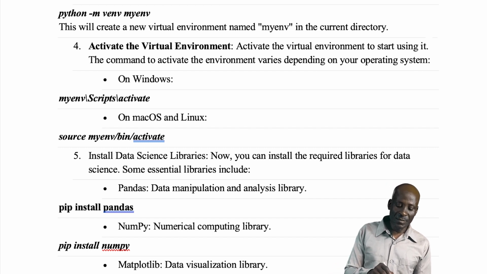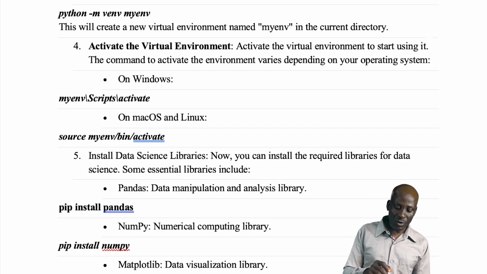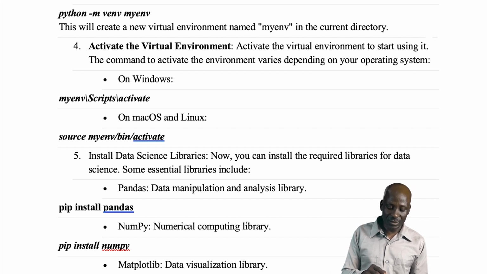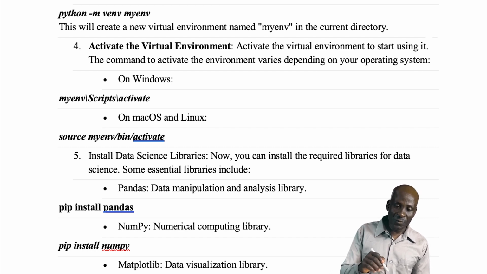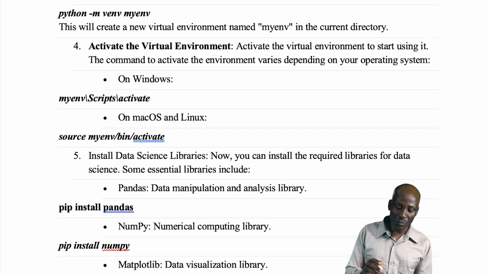Now, remember that once you have installed your Python interpreter, it comes bundled with pip. Pip is a package manager. This pip that comes bundled with the Python interpreter helps you to install any library that you might want to use in your project.